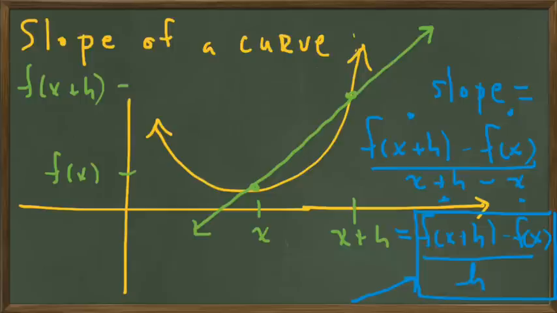But looking at this slope right here, it doesn't make sense to call it the slope of the curve at this point, because we want the slope to give us the direction the curve is pointing if we are moving along the curve at that point, and then we stop.